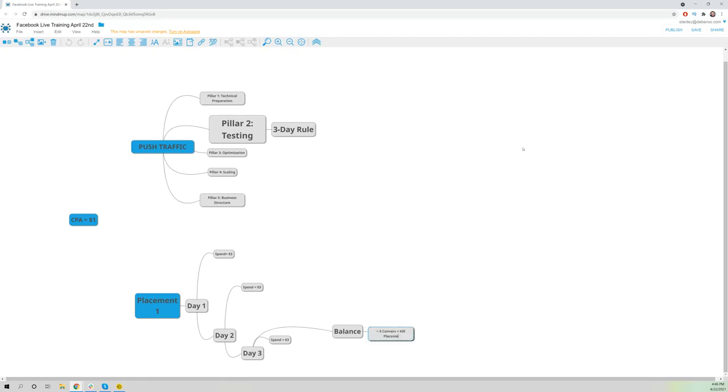Kill placement. All right. Because we have spent $9, we need 9 conversions for break even, right? If we get 9 times the CPA of $1, we receive $9 as revenue. We also have spent $9, so that would mean break even. Which means that if we have less than 9 conversions, then we're not break even. Basically, we're losing money. For example, if you have 8 conversions, you have a revenue of $8, but you've spent $9. So we are going to kill the placement.